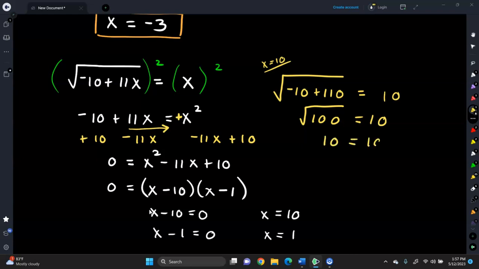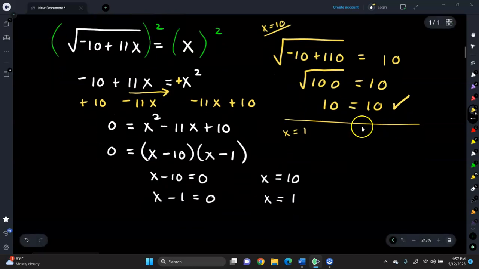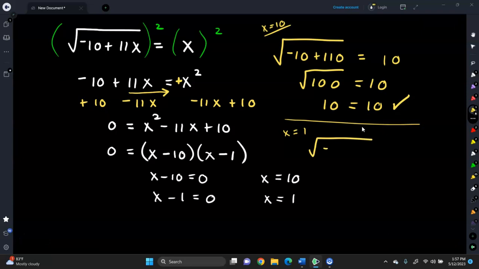So we get 10 equals 10. And we're good. So that worked. Now let's check x equals 1. So we have the square root of negative 10 plus 11 equals 1. So that's the square root of 1 equals 1, and that's true. So these both work, so I have two solutions.